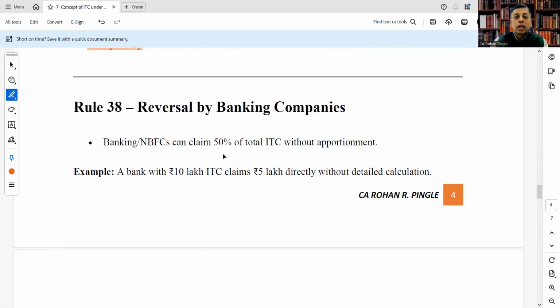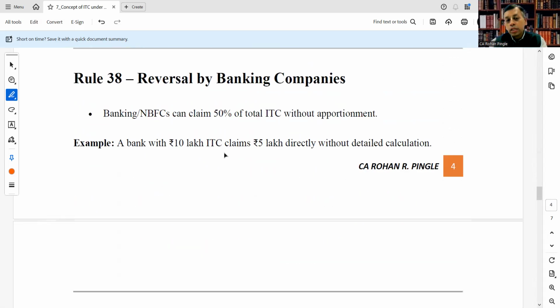Rule 38, reversal by banking companies. It is a separate rule for banking companies to reverse their ITC if any is availed wrongly. Banking or non-banking financial companies can claim 50% of total ITC without apportionment. Example, a bank with rupees 10 lakh ITC claims rupees 5 lakh directly without detailed calculation.